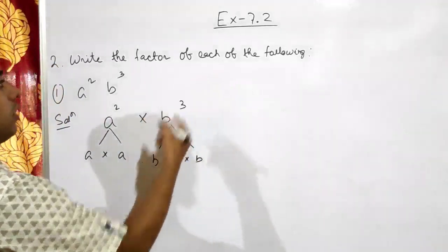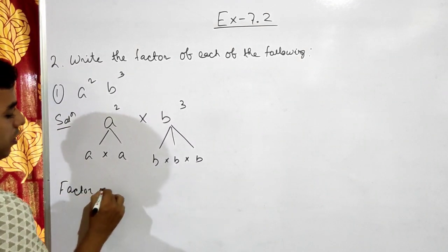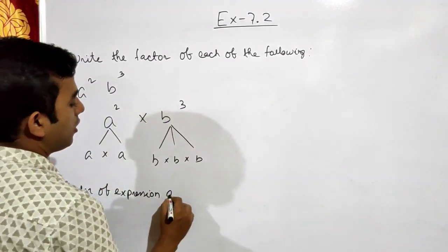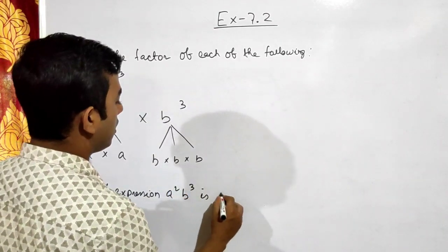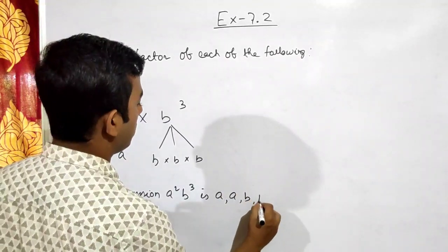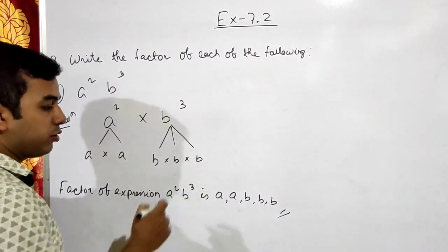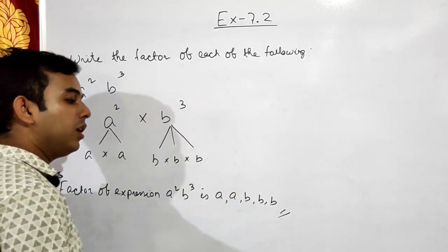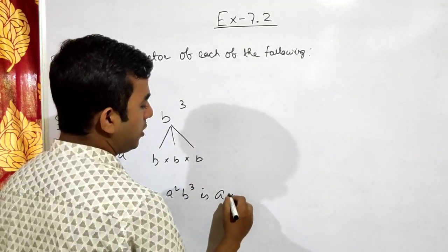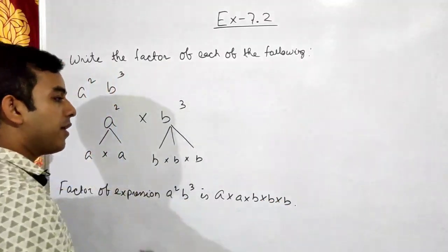So the factors of the expression a square b cube we can write like this: a, b, b, b. Or you can write it like this also: a into b into b into b. No problem which one you opt for. So we'll write it like this: a into b into b into b. So these are the factors of the expression.